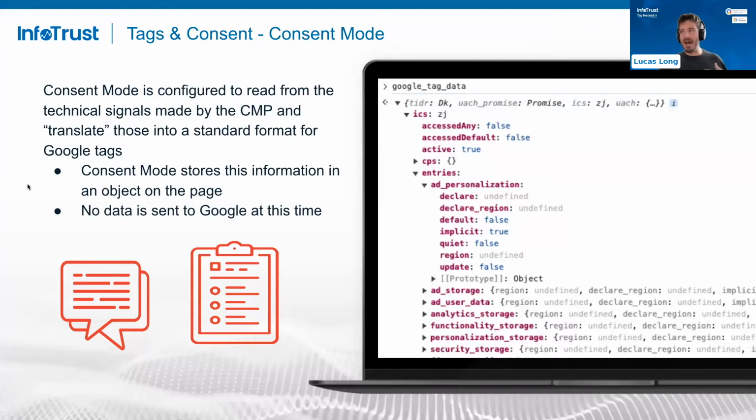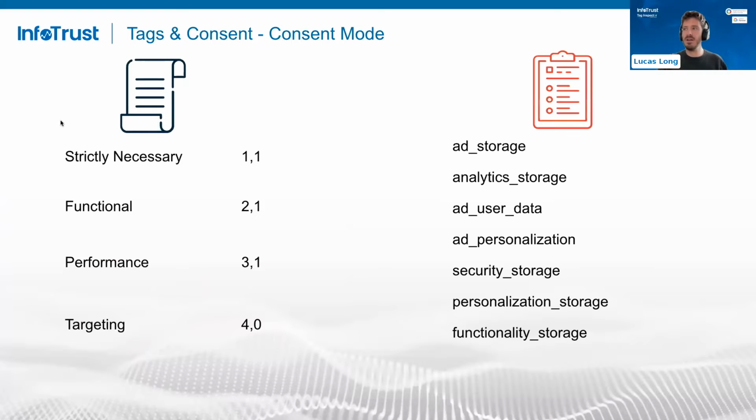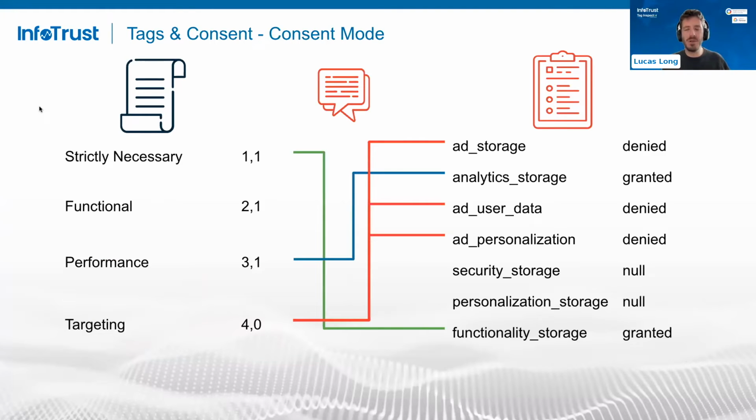So in the background here, we have our CMP that's indicating those different categories, indicating true, false. We then have consent mode that has its own standard categories. And then with our configurations, when we set this up, what we're doing is mapping for those translations.